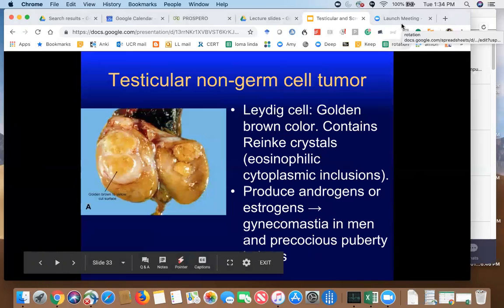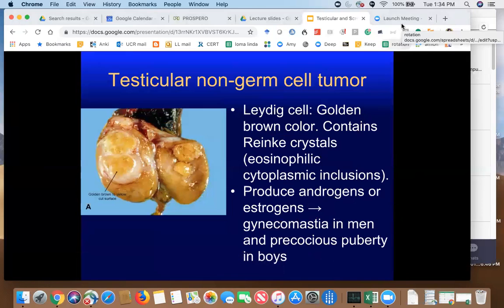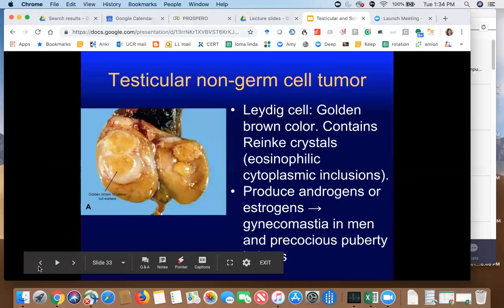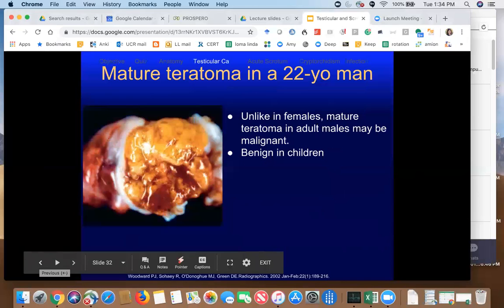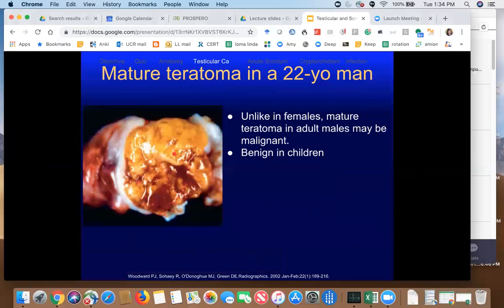Question: do male teratomas form hair and other structures that occur in women? No. That's a very good question, and the answer is no, and I don't know why. Let's go back. This is what teratomas look like in men. In women, you would get that nastiness with sebum, all three germ layers.